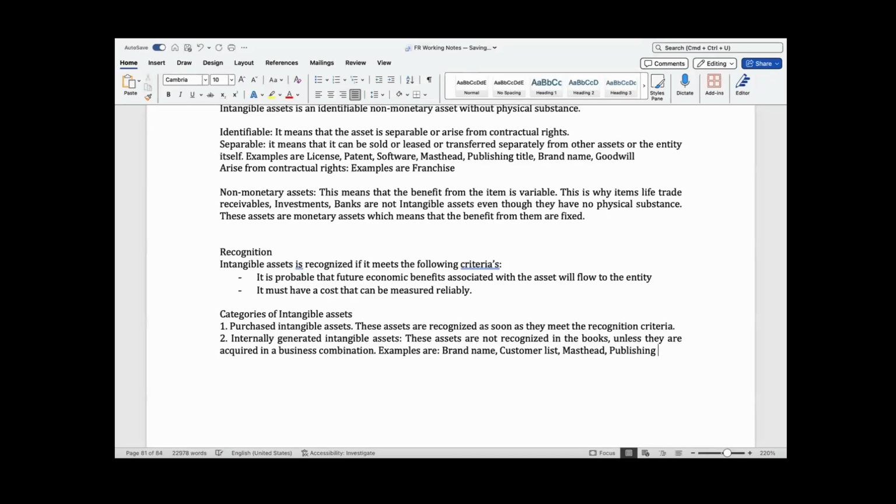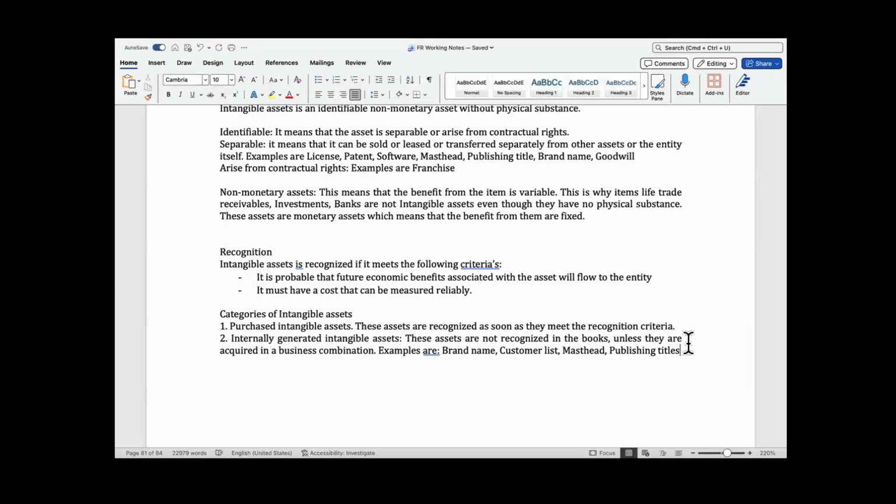These are names that people have worked to obtain. You cannot put them in the books unless they are acquired in a business combination. So they can ask you in the exam to list examples of intangible assets that are not recognized in the books, and they will tell us in what situation they can be recognized in the books.